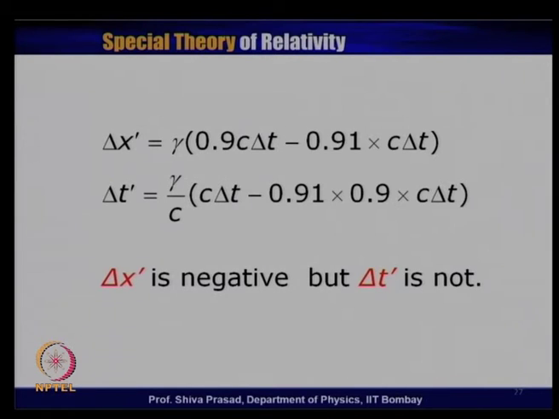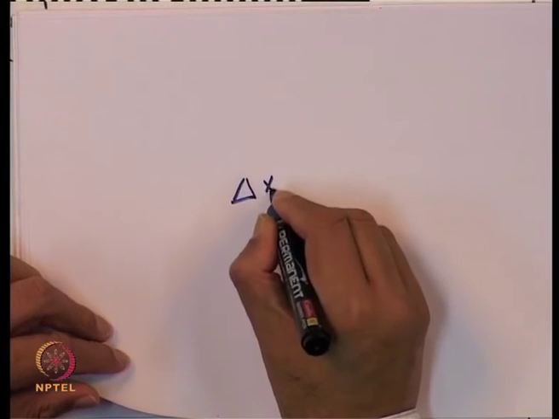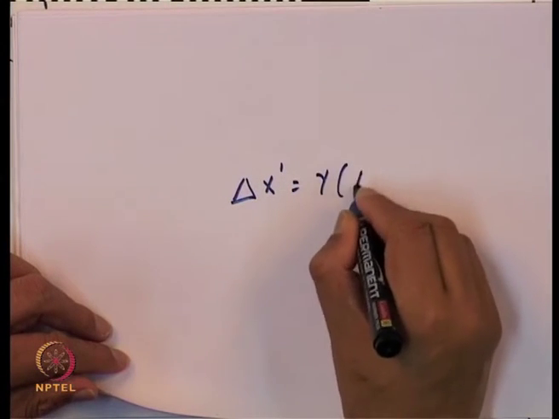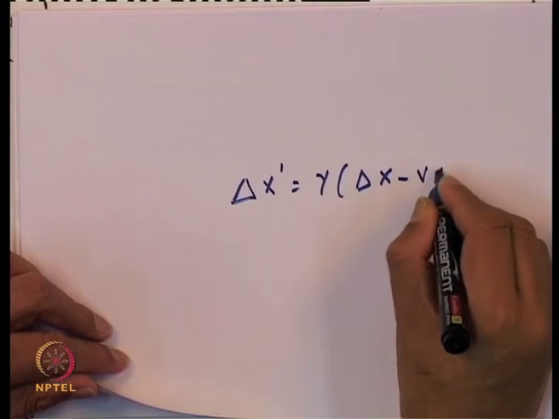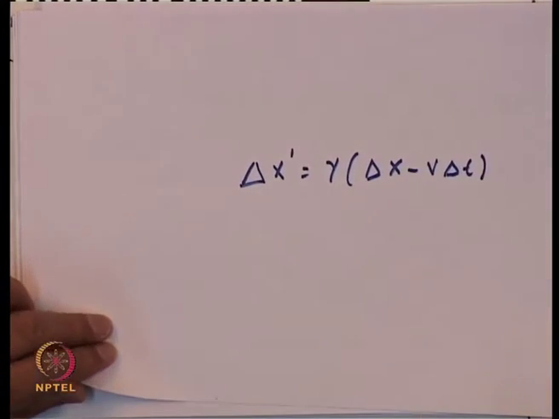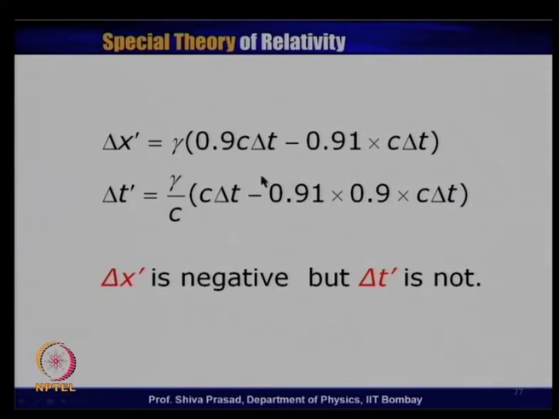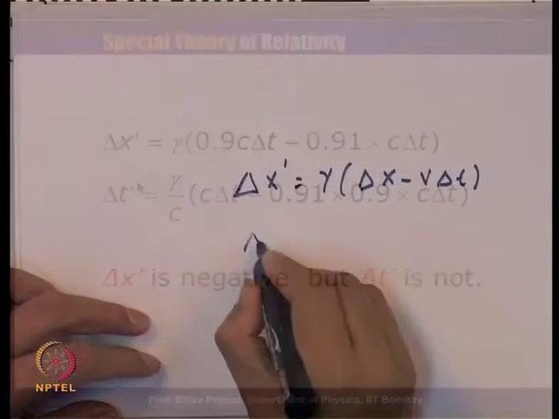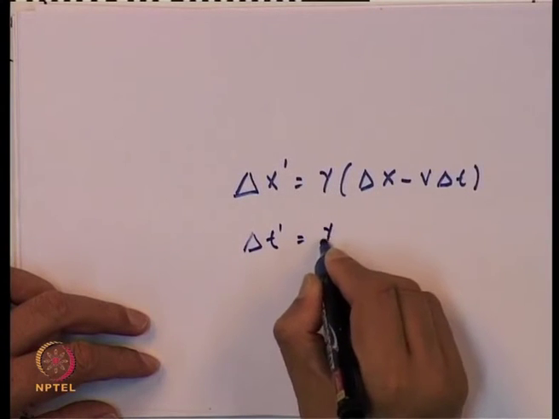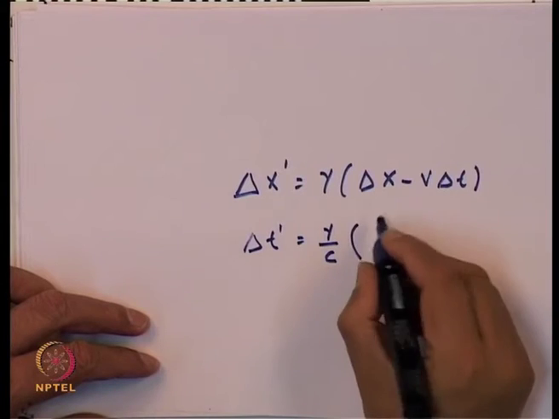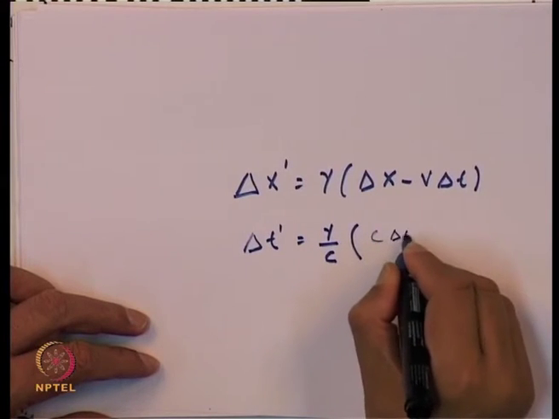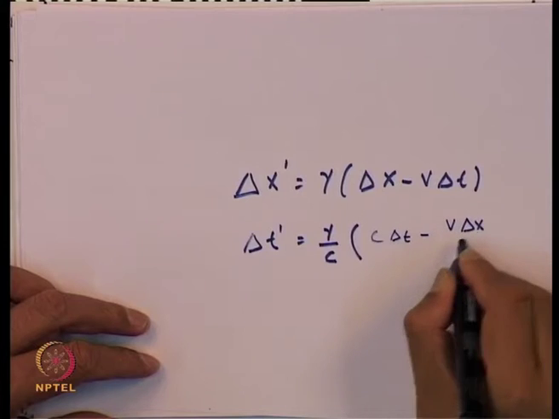Let me write this equation again. Delta x prime is equal to gamma times (delta x minus v delta t). Delta x I have taken as 0.9 c times delta t, and v as 0.91 times c. Delta t prime is equal to gamma divided by c times (c delta t minus v delta x by c).